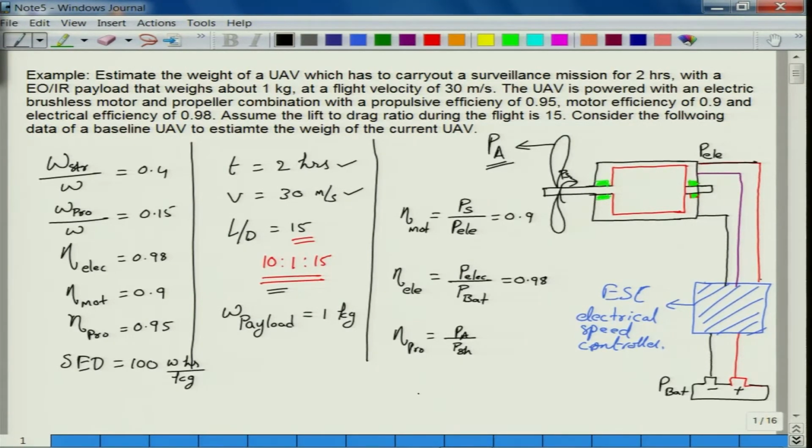Okay. So, now if I have to talk about the overall power available, if I have to relate this power available and battery power, what I need to do is, power at the battery that I require, P BAT, is equal to power electric upon eta electric.